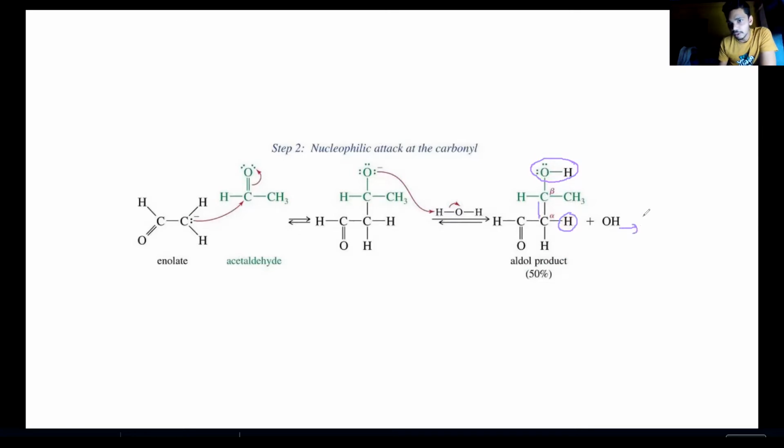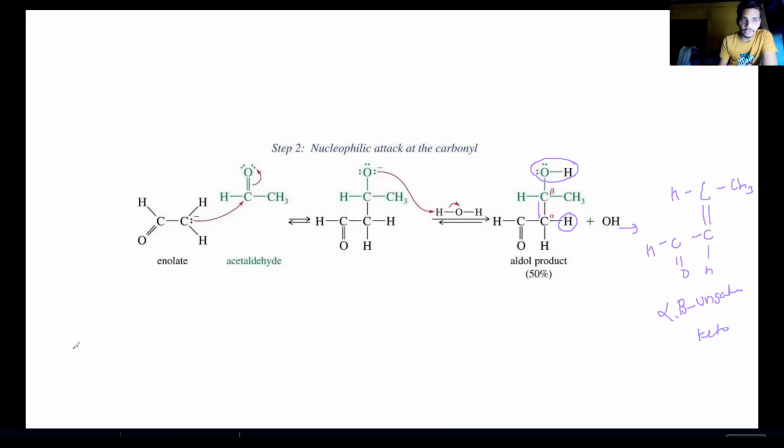So let's draw here again in a simplified manner. C, H, C double bond, H will be here. Here is the formation of the double bond. H will be the same, CH3 will be the same. So this is an alpha beta unsaturated ketone.